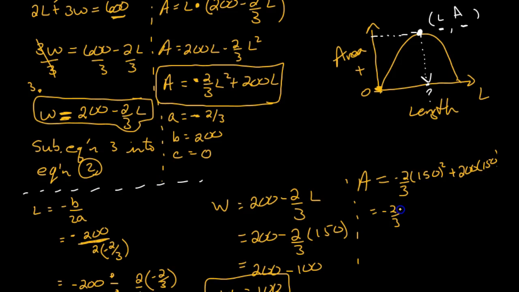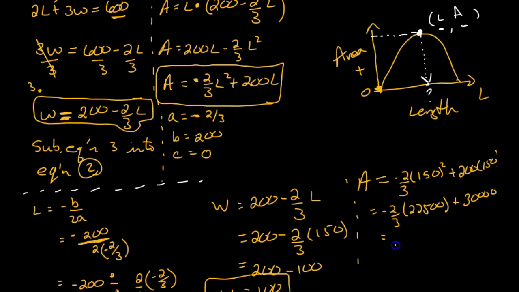Okay, 22,500, and you also get 200 times 150, 30,000.